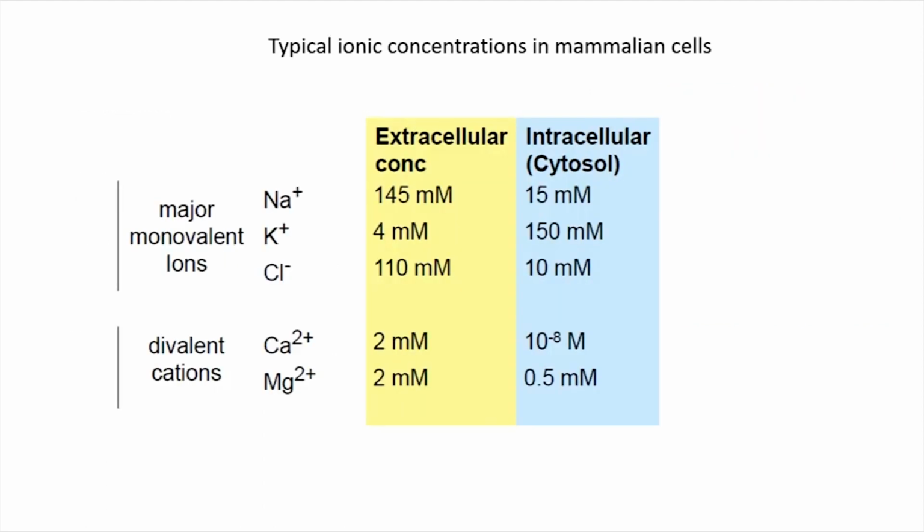Now let's take a look at the concentrations of different ions inside the neurons. And in fact, these ions are also present in other cells of our body in pretty much the same concentrations. So we can see generally what the concentrations of these ions are in typical mammalian cells.